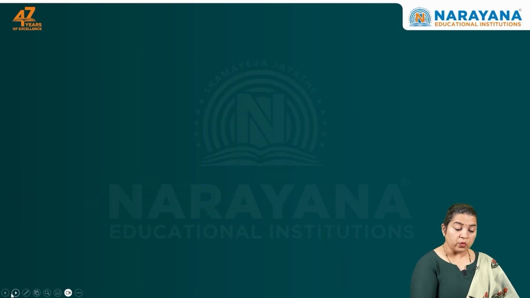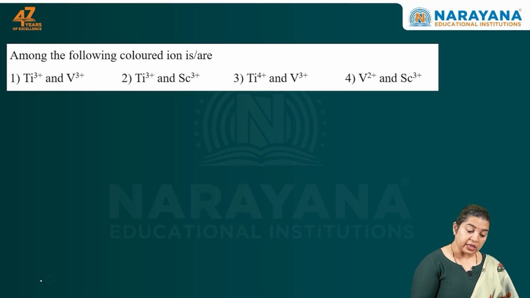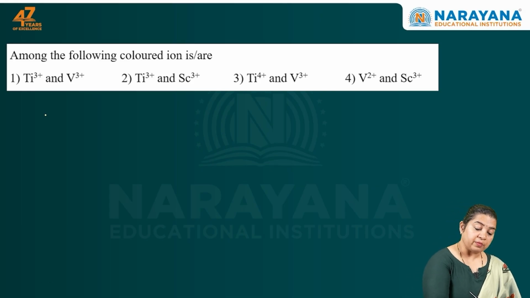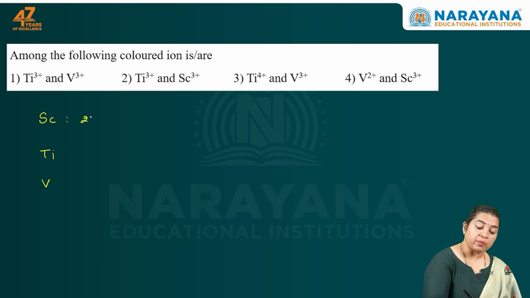Moving to the next question: among the following, the colored ion is and are, again from the d block. Let me write the atomic configurations. Scandium, titanium and vanadium are asked. Scandium is atomic number 21, then titanium, vanadium.